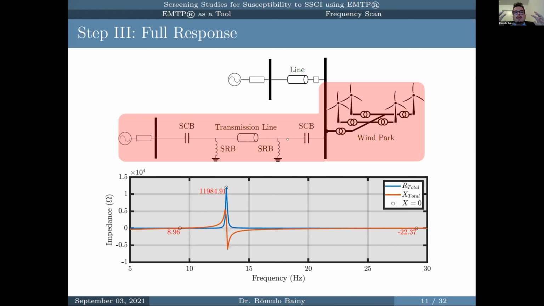The values varied between 1.1 kiloamps and 1.3 kiloamps, and I was always aiming to have that current close to 1 per unit of the wind park. So you have to change that slightly because your grid is going to change. For my studies, because I was changing the capacitors and the shunt reactors, that changes the equivalent of the grid. So you need to tune that current that you are injecting.